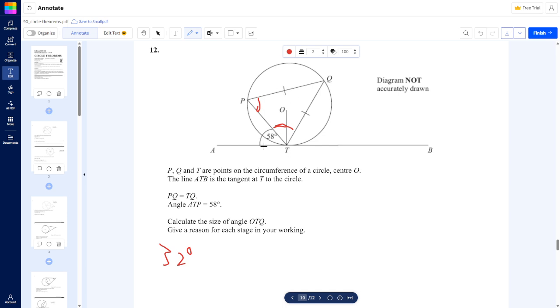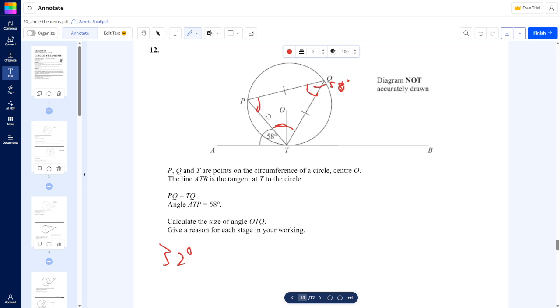We can use the alternate segment theorem, and there are two ways to use it: either move this up or move this down. I'll move this up here to get 58. By the alternate segment theorem, this is equal to 58 degrees because this is equal to 58 degrees.